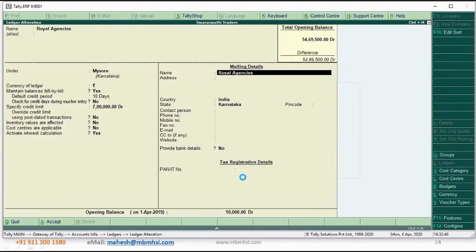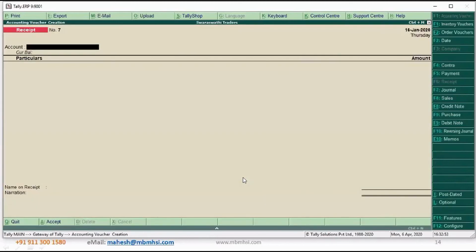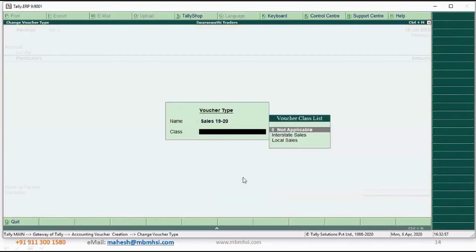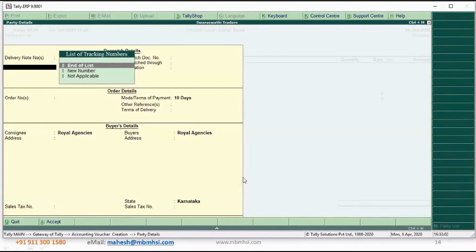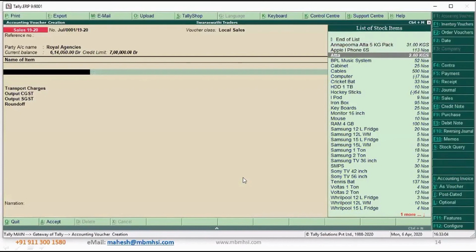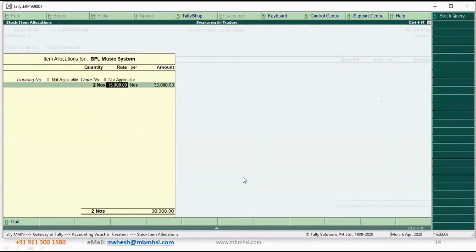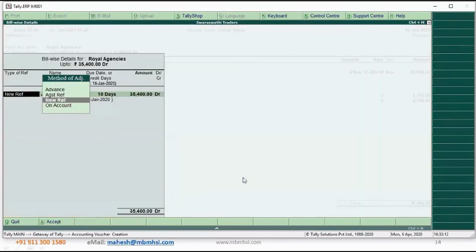So when I enable this and go to a new transaction, I'll not save this transaction, but I'll just show you how it behaves. You will select the party, then you select the item, 30,000 for example.